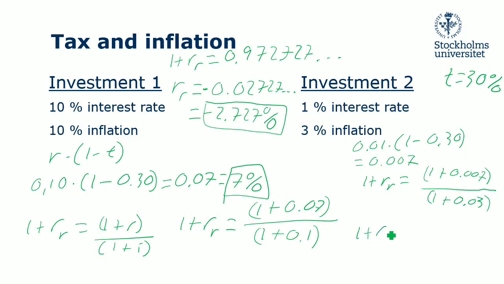And here we find that 1 plus the real interest rate is 0.977, which would give us that the real interest rate after tax, when we subtract 1 from both sides, is equal to minus 0.0223, or minus 2.23%.